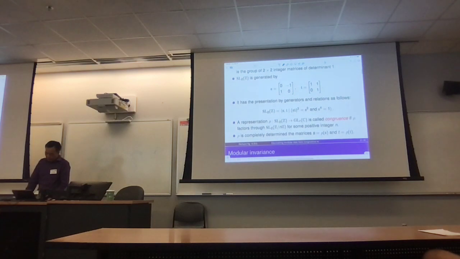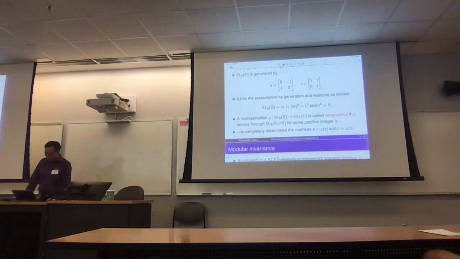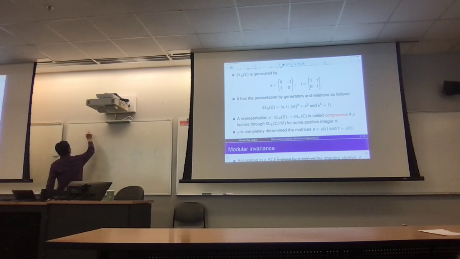So let me just tell you something general. If you have an ordinary representation of SL2Z, we call it congruence, a word I borrow from number theory, if it factors through the finite modular group SL2(Z/n) for some positive integer n. The other way to say it, maybe this is the time to introduce some notation: Gamma n is the kernel of this reduction.